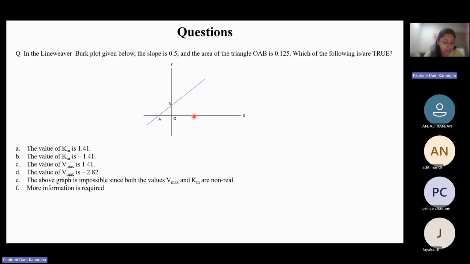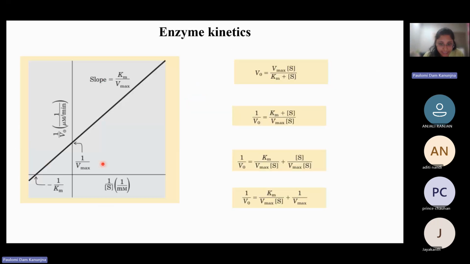Derive the answer on your own without looking at the options, but do write it down. The area is 0.125 and the slope is 0.5. Make use of the information on this slide to give me the answer, which should be either for Km or Vmax.